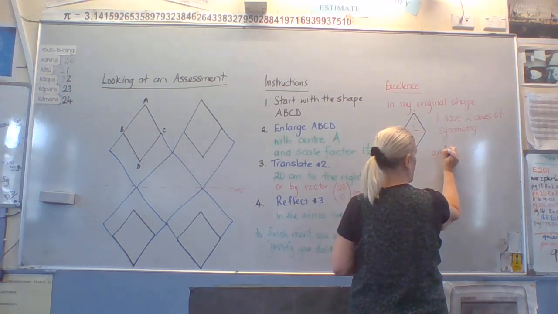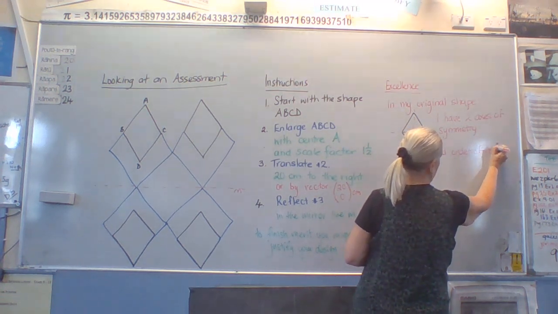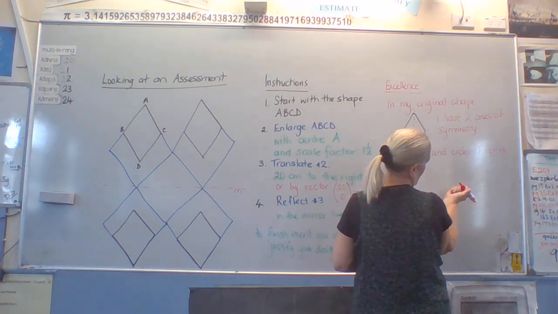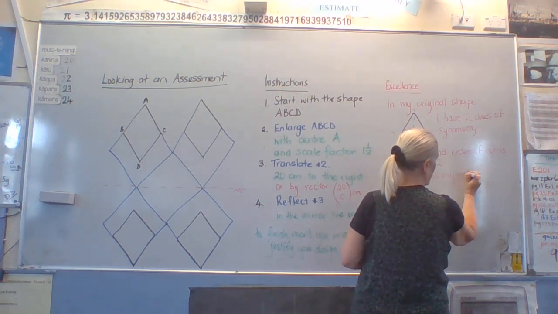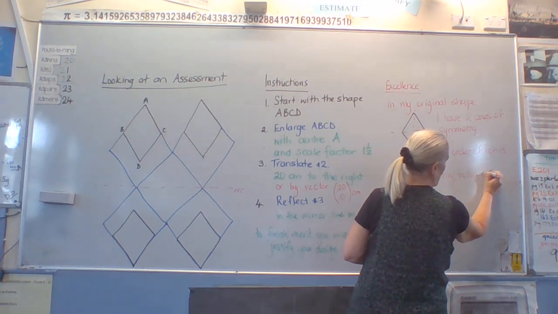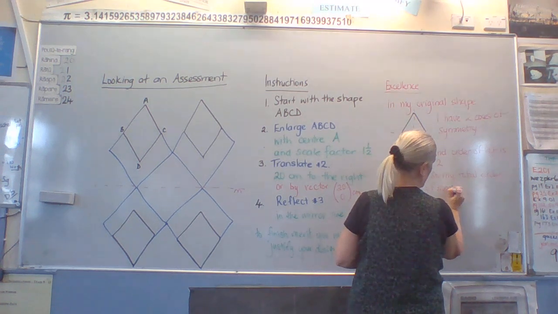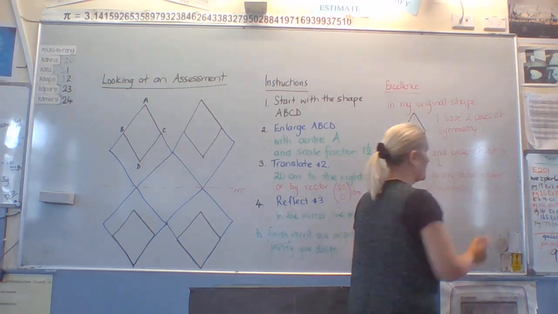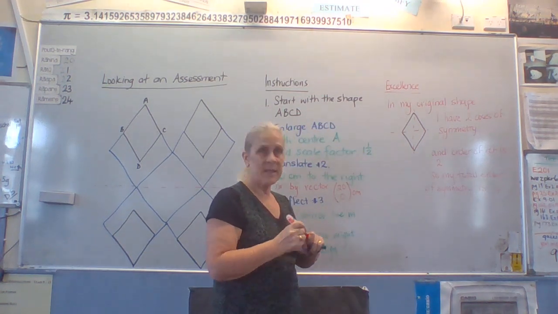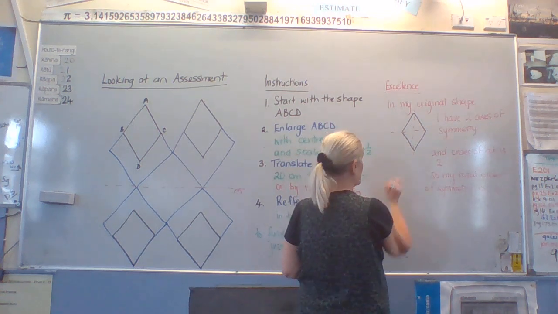And order of rotation is 2. So my total order of symmetry is 4. So I might write that. Okay, that could be something I do for excellence. I could talk about invariance.